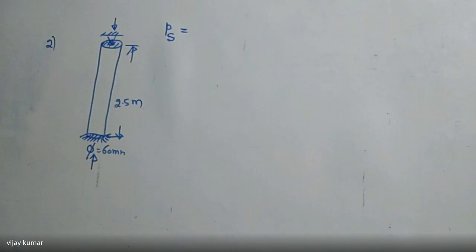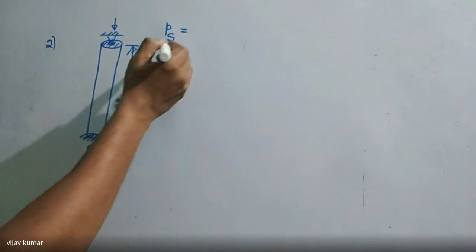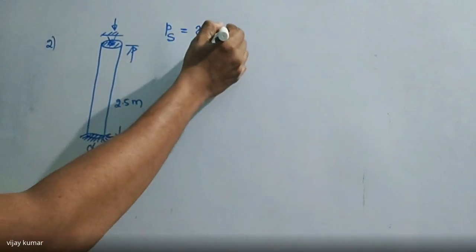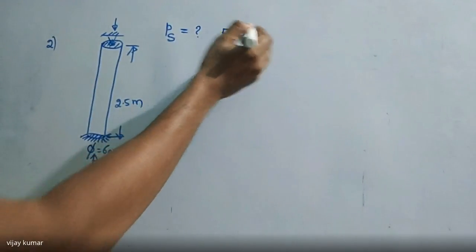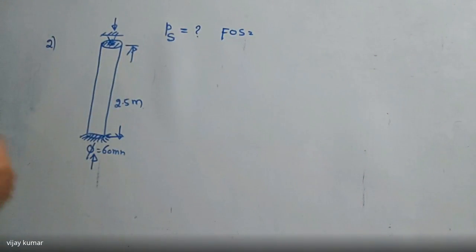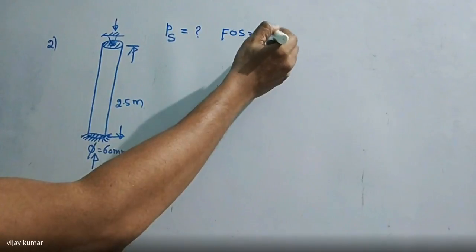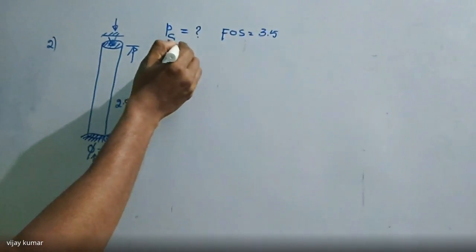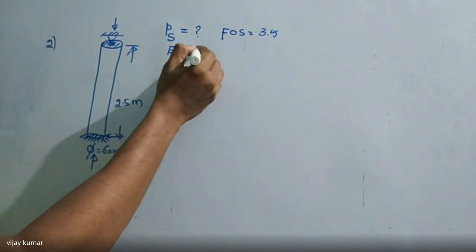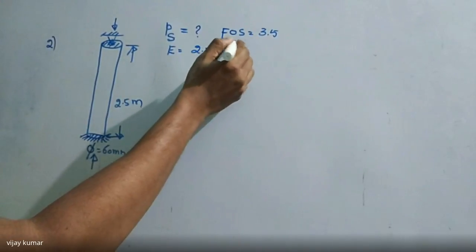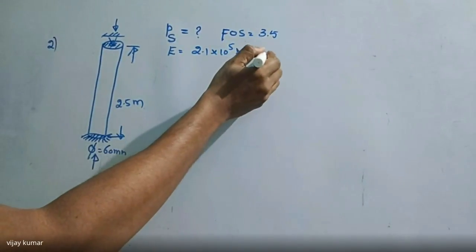If you know the critical load, automatically we can find the safe load also. According to Euler's formula, the factor of safety is given. We have to calculate the safe load, and the factor of safety of the material is given as 3.5, and the E value is also given for the material, mild steel, 2.5 into 10 to the power of 5 Newton per mm square.